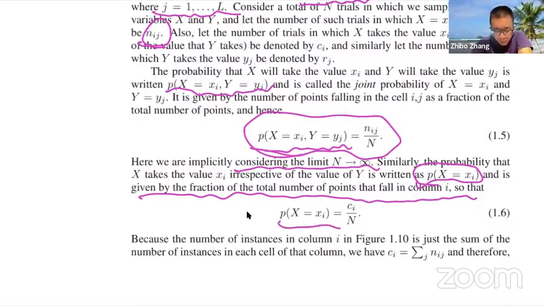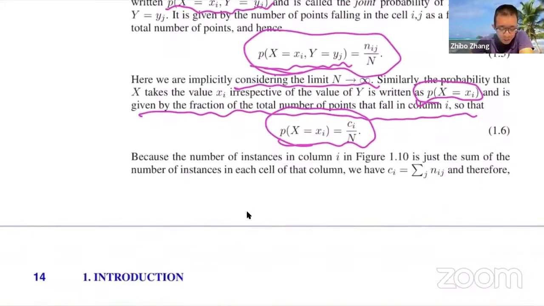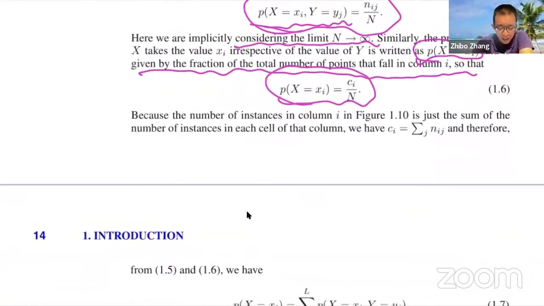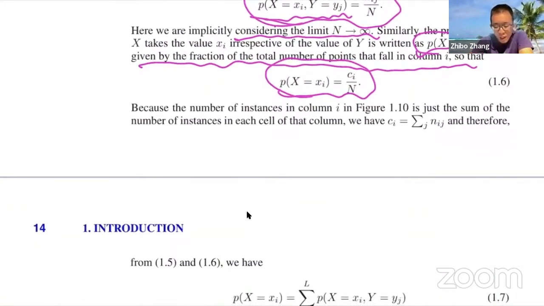So if you denote by ci the number of times that a trial falls into column i, then the occurrence of x equals xi is going to be ci divided by capital N, because the number of instances in column i in figure 1.10 is just the sum of the number of instances in each cell of that column.